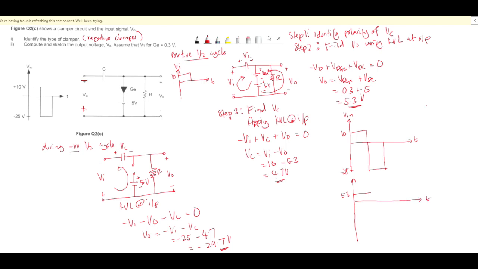Then during the negative half cycle, your output should be negative 29.7 volt. This must be the same shape as I mentioned before; the shape does not change, only its position changes.